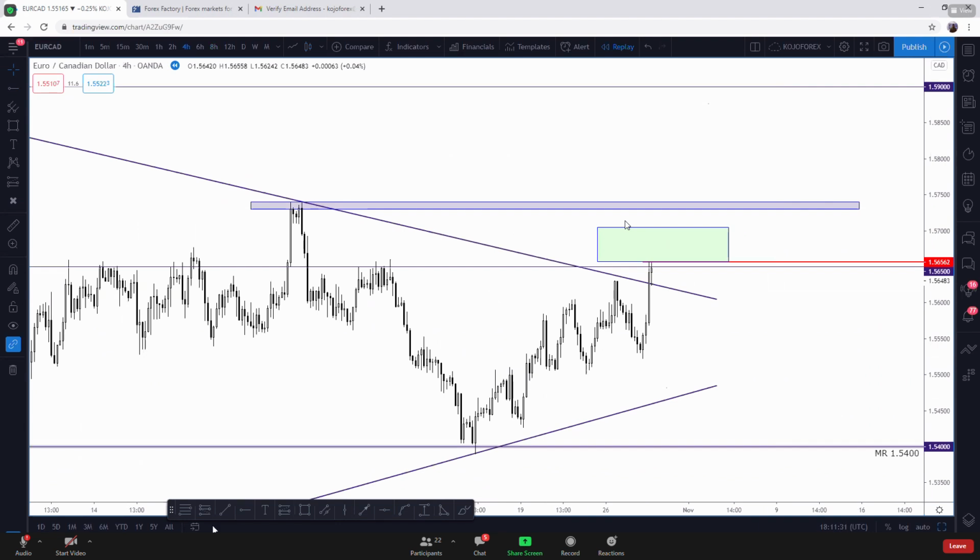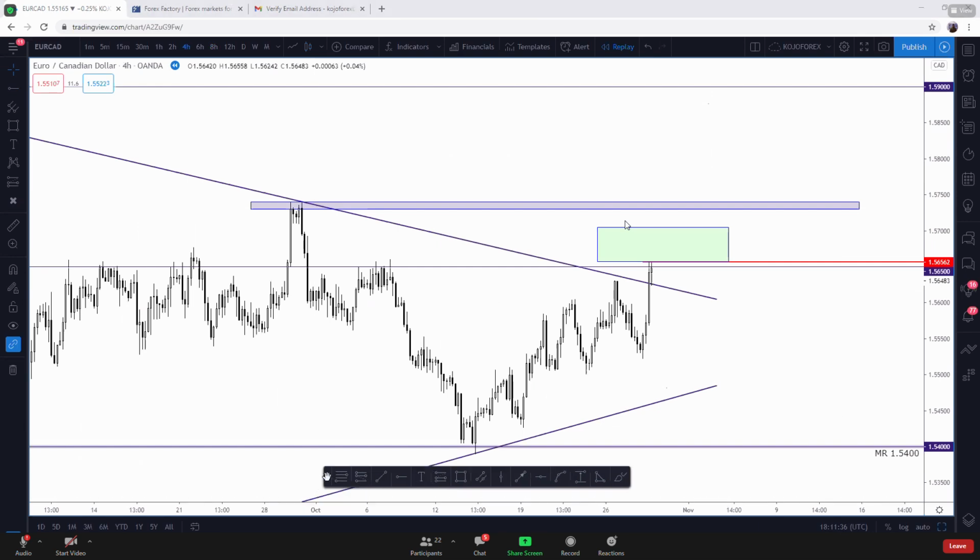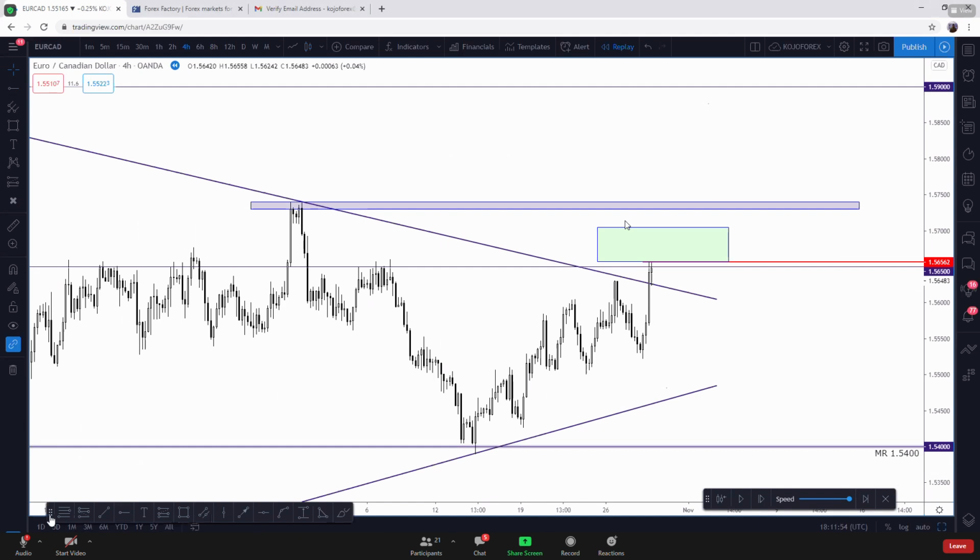No candle close doesn't mean a wick can't run through. If a wick runs through, it is not a strong body closure. What I'm saying is we don't want to have a strong body closure, not a wick. There's a difference between wick and body, and I don't think at this level I'm supposed to explain the difference to you. We don't want to see a body closure, not a wick closure.